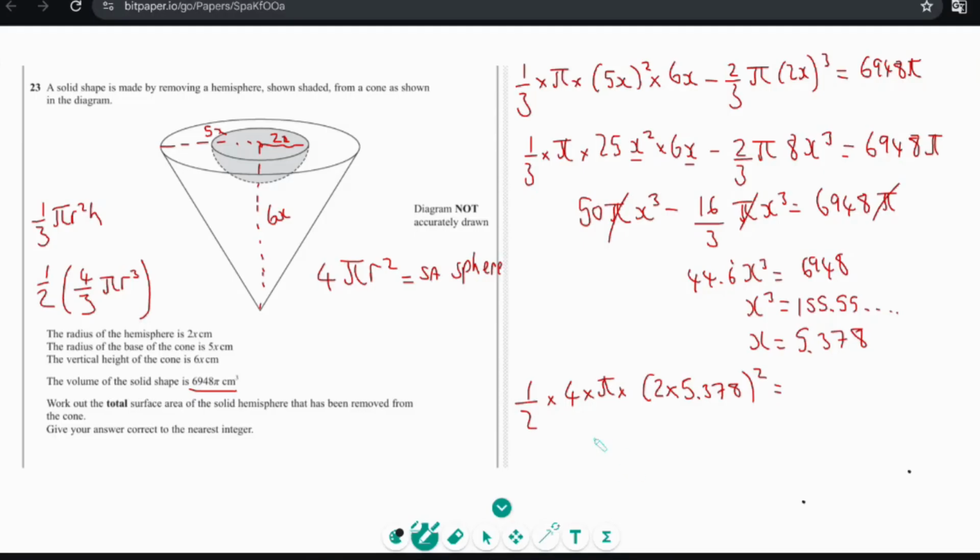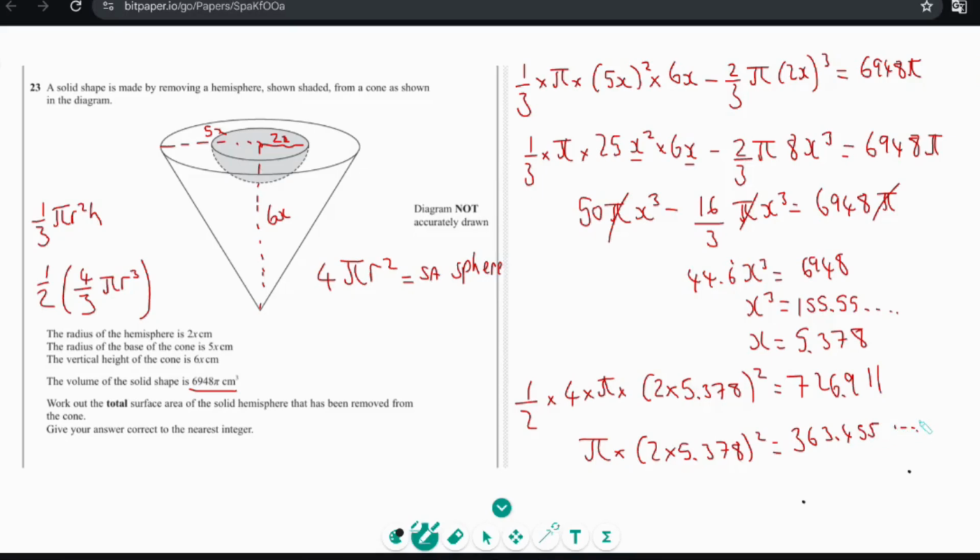We also need the circle, which is the base. Pi r squared. Radius again is 2 times 5.378. 726.911 here. 363.455.